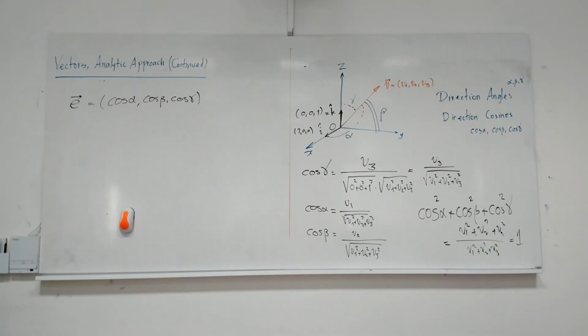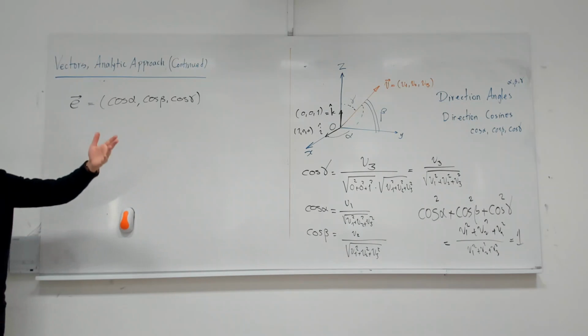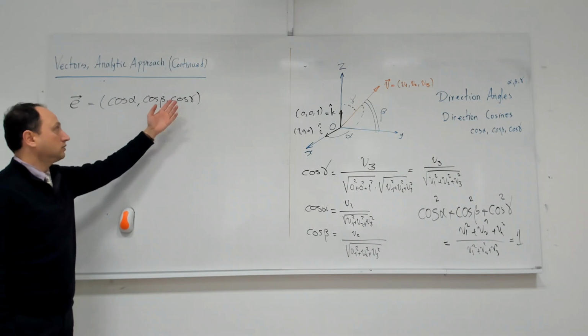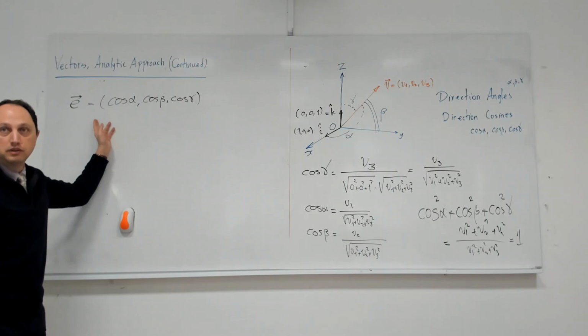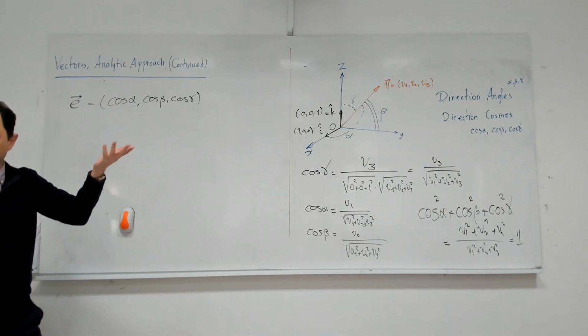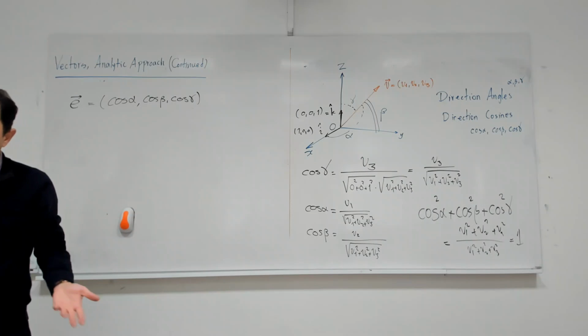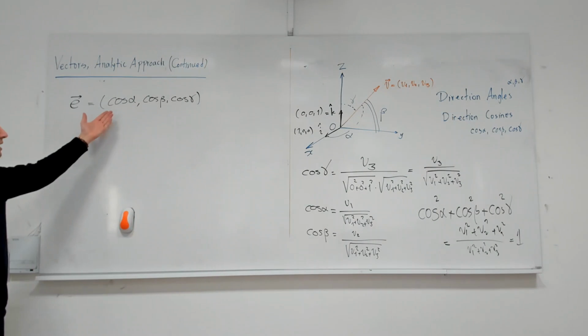So you see, I start with the orange vector. I measure the angles that vector makes with the x, y, and z axes. I calculate cosine alpha, it becomes a number, I put it here. I calculate cosine beta, I put it here, and cosine gamma here, and it becomes a triple. That triple represents a vector, yes? It can represent a point, but you can also represent a vector using them.